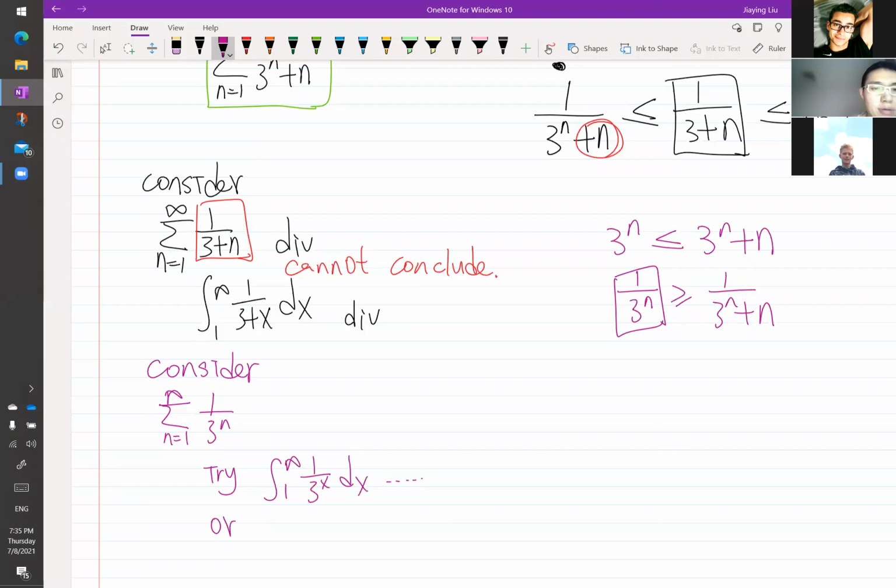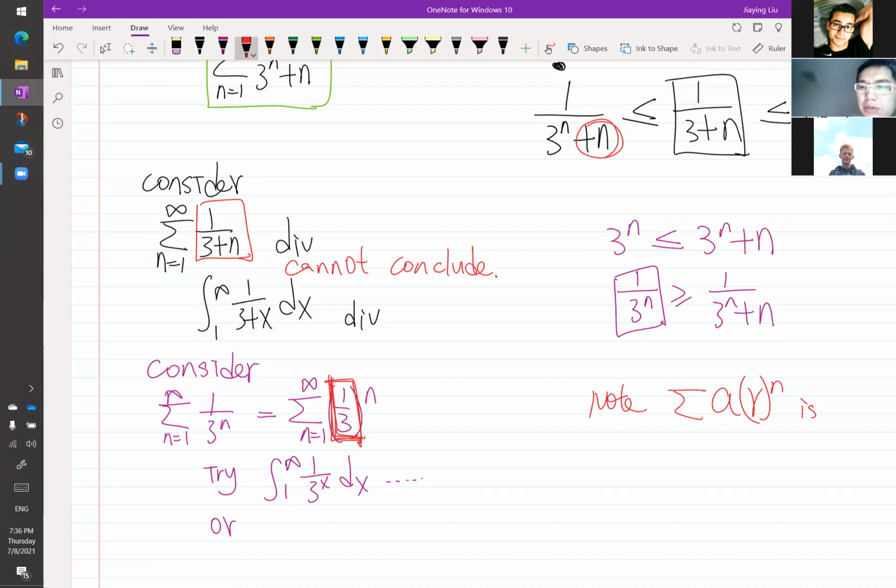Or, by just looking at 1/3 to the n, I can write it as the sum of 1/3 to the n, n equals 1 to infinity. If you remember what I did last time when we talked about geometric series, note that the sum of a r to the n is a geometric series.